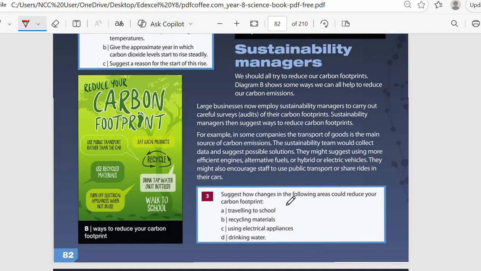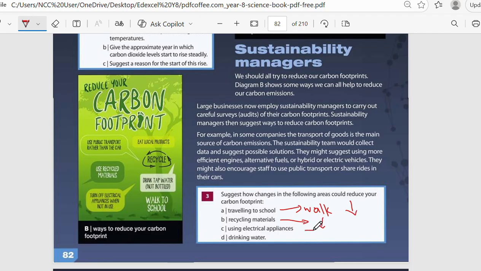Now for traveling to school, if you can walk, by walking you can reduce the carbon footprint. If you use recycled materials, you can reduce the carbon footprint.